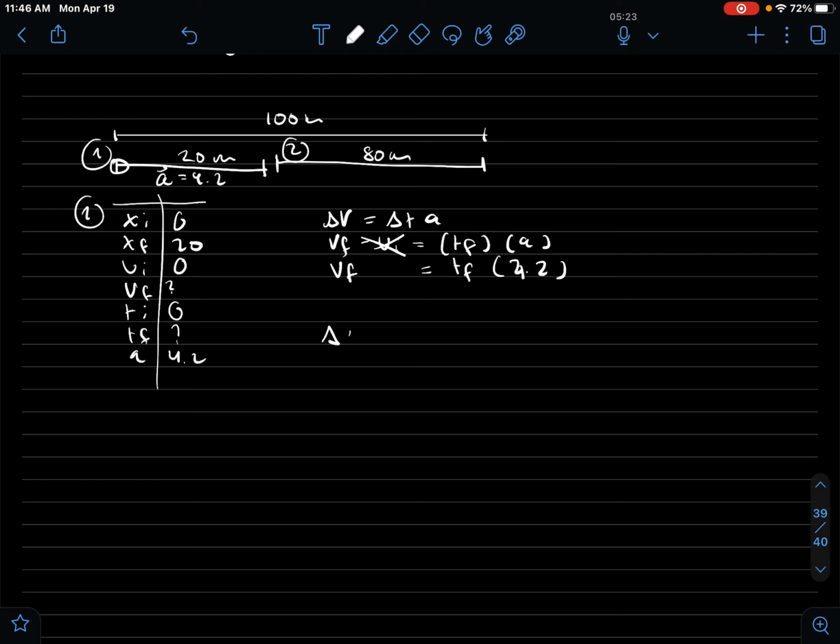Using another equation, which is this. The total distance for this first part is 20 meters, and there's no initial velocity, remember? So just cross it out. So 20 equals 1/2 times 4.2 times t squared.